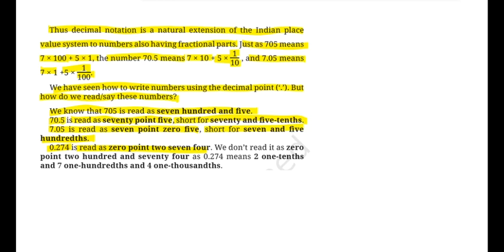We are simply taking the names of the numbers after the decimal point. So it is 0 point 2 7 4. We don't read it as 0.274, as 0.274 would mean 2 1/10s and 7 100ths and 4 1,000ths.